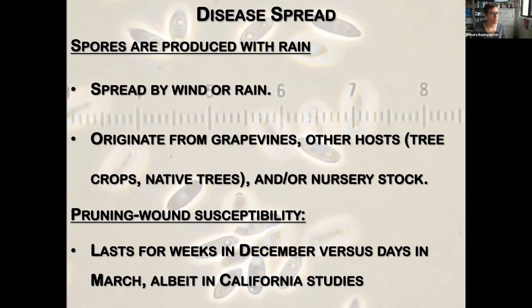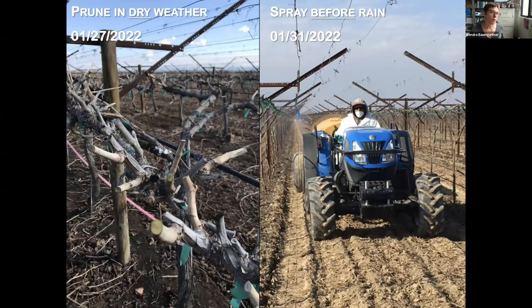If the vines are pruned in March, closer to bud break, they can be susceptible for only a matter of days. So just an interesting bit of information about the spread of these diseases. And thus what most growers do is we recommend do not prune in the rain because rain brings out the spores. And then fungicide applications can be fairly effective if applied before the next rain and after pruning.